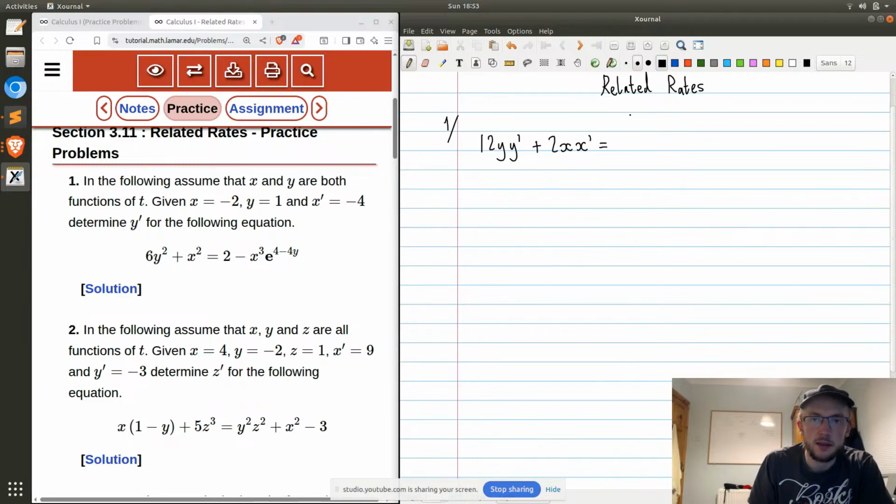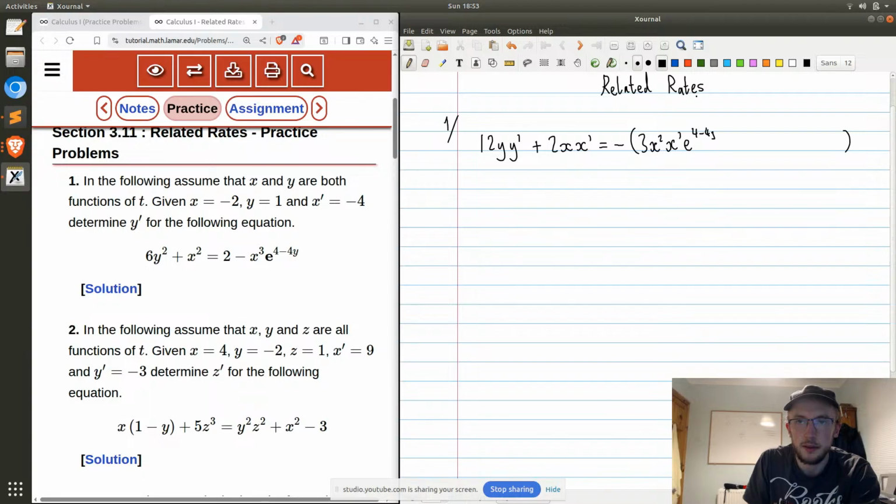That disappears. Then we have this horrible minus sign here. Now we just have a product, and I'm going to block that with my finger so it doesn't distract me. So 3x squared x prime e to the 4 minus 4y plus symbol. X cubed stays exactly where it is.